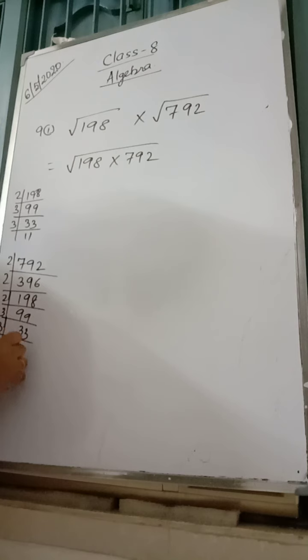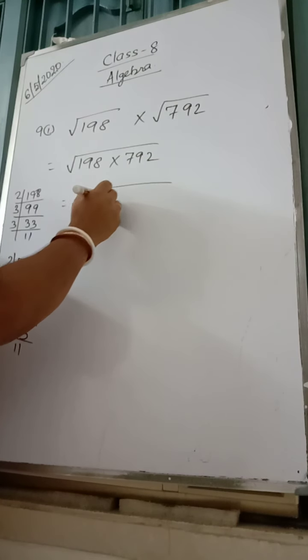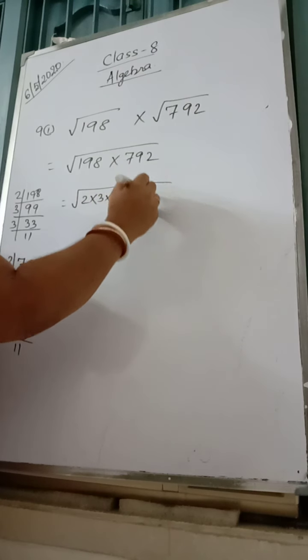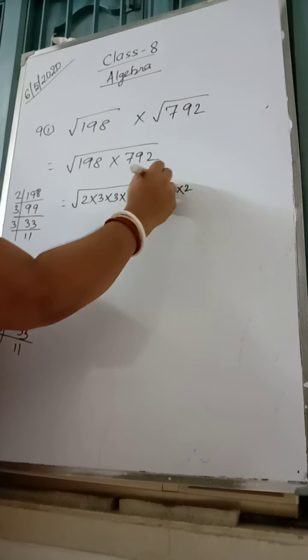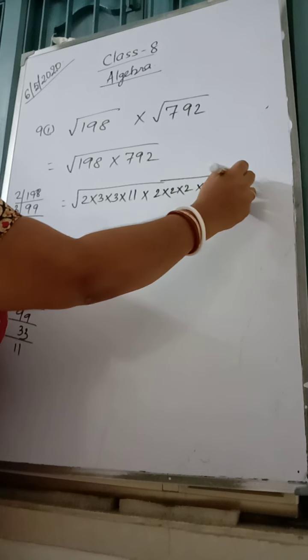And for 792, 2 396s are 792, 2 198s are 396, 2 99s are 198, 3 33s and 3 11s. So what we are going to write for 198 is 2 into 3 into 3 into 11. And for 792 we are going to write 2 into 2 into 2 into 3 into 3 into 11.